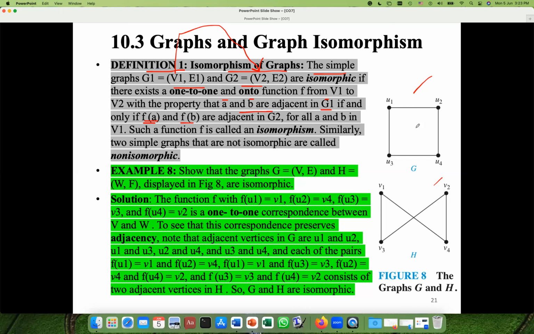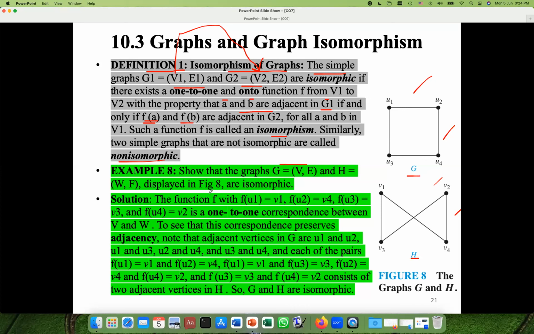Then you can call that your graphs are isomorphic. This property is called isomorphism, and the function that holds it is called an isomorphism. If this property does not hold, the opposite is called non-isomorphic.